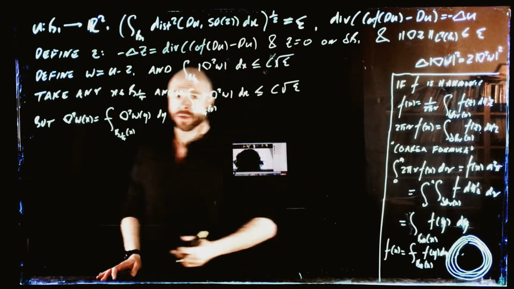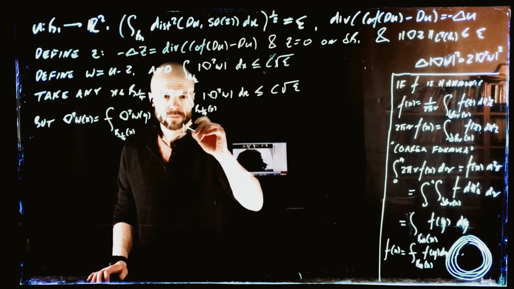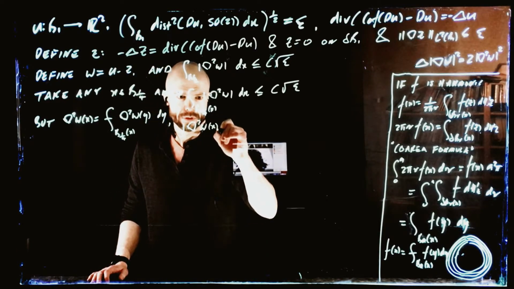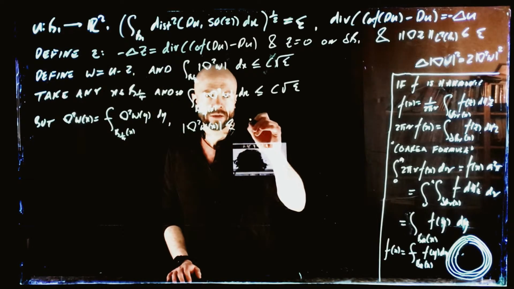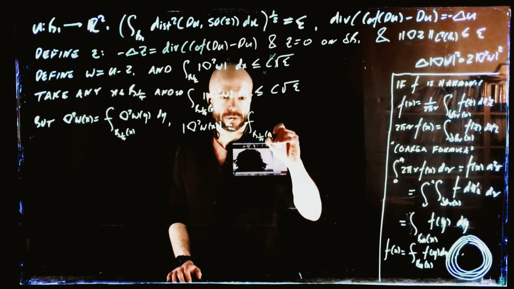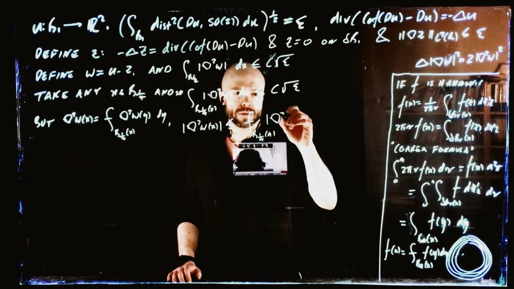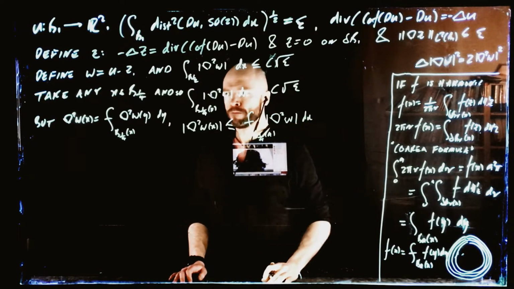Okay, so this is just a statement of this thing right here. Yeah? And then we can just put absolute value signs throughout, right? So put the absolute value signs inside this thing. Like this. Yeah.